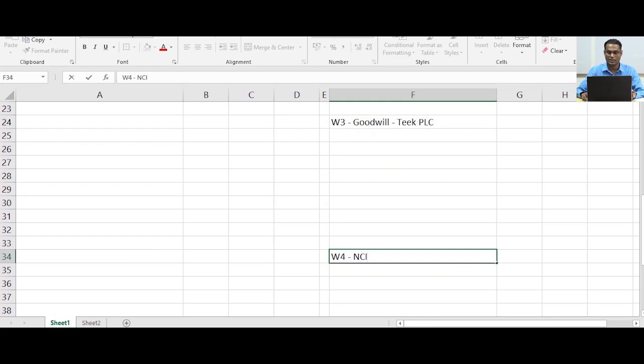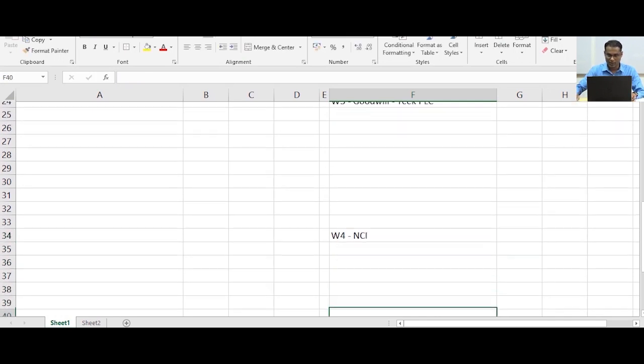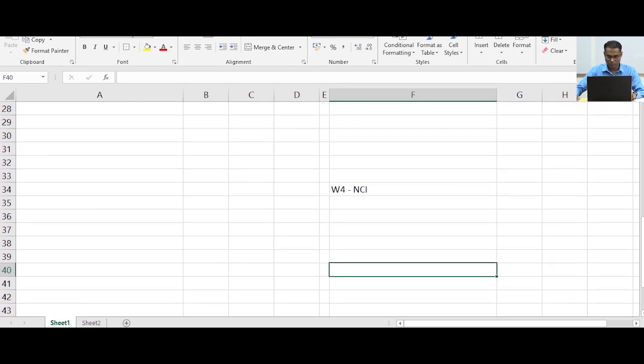NCI, non-controlling interest, as at the balance sheet date. Then working number 5, consolidated retained earnings.